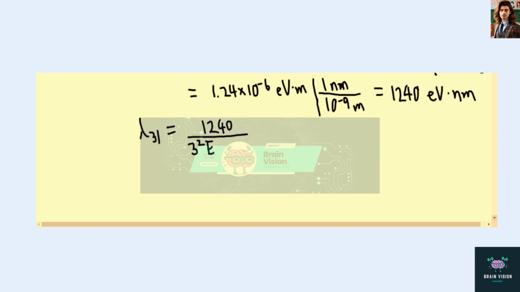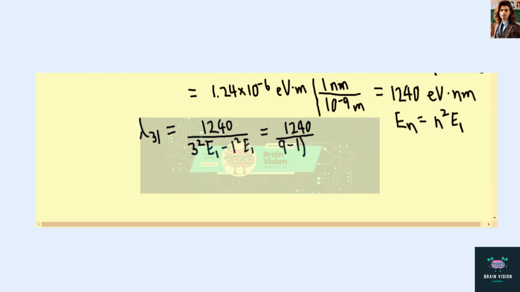We have 3 squared times the ground state energy minus 1 squared times the ground state energy, because remember, for a particle in a box, the nth energy is equal to n squared times the ground state energy. So we substitute that in and we have the change in energy. That's just a very simple way to get this calculation done.